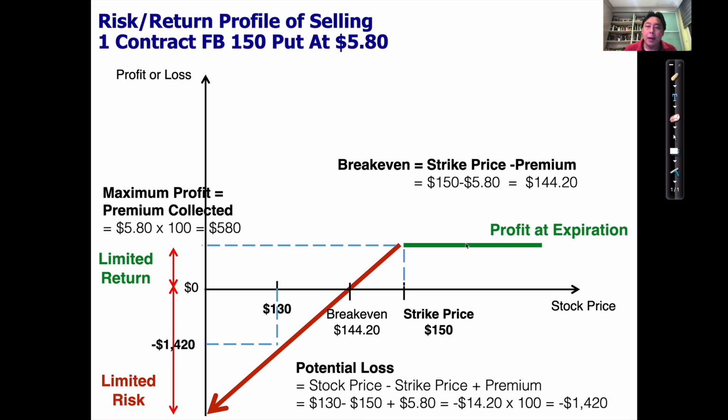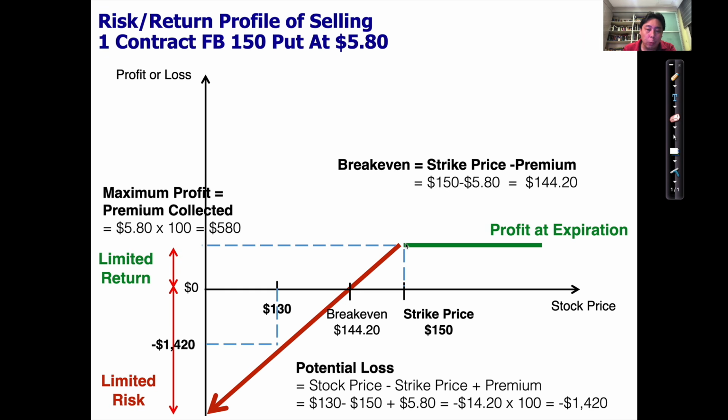Why? Because again, if you sell a put at 150 strike price, what does it mean? It means you're obligated to buy the shares at 150. And if you do that on a lousy stock, for example, that you don't intend to buy and the stock really collapses because it's overvalued or it's a speculative stock, okay, what happens?